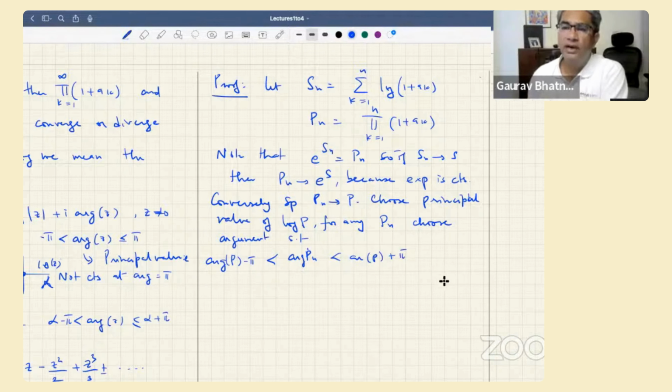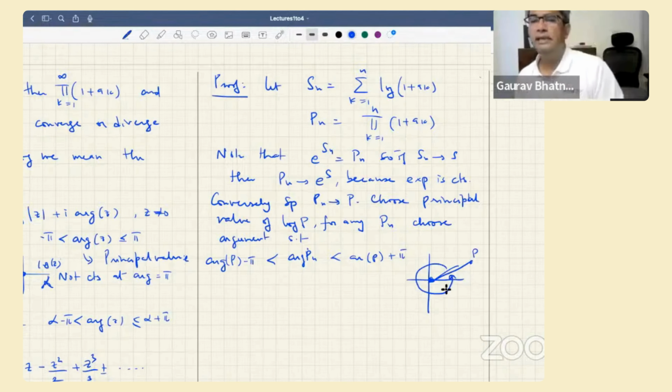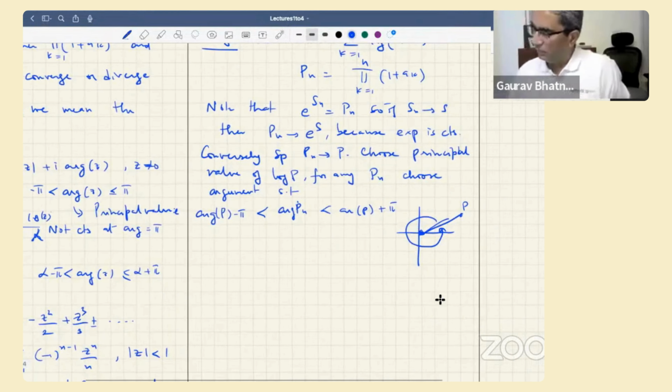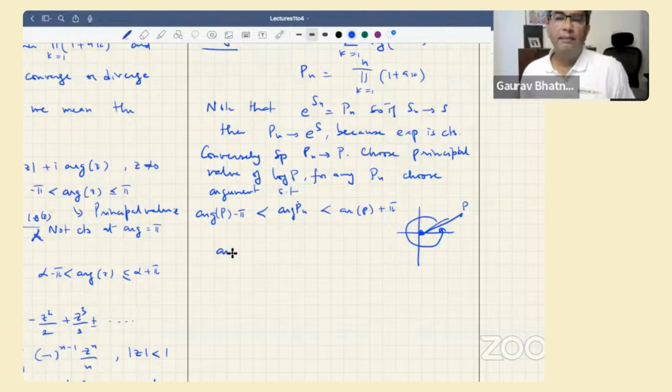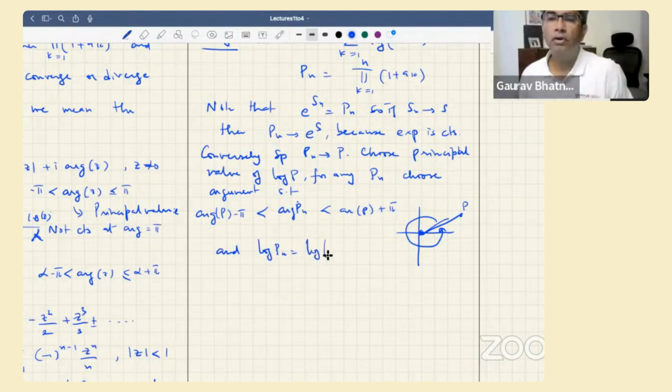Whatever the argument of P is, you go from minus pi to plus pi around it, and you choose in this range. Of course, log P_n is equal to log of the absolute value of P_n plus i times the argument of P_n.